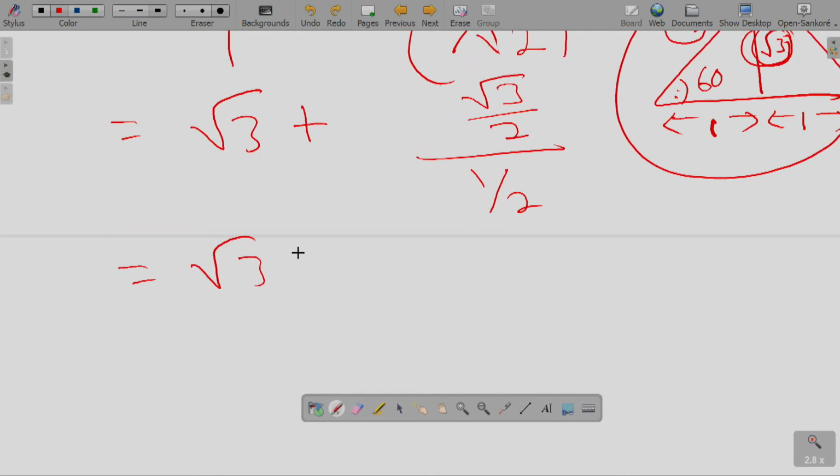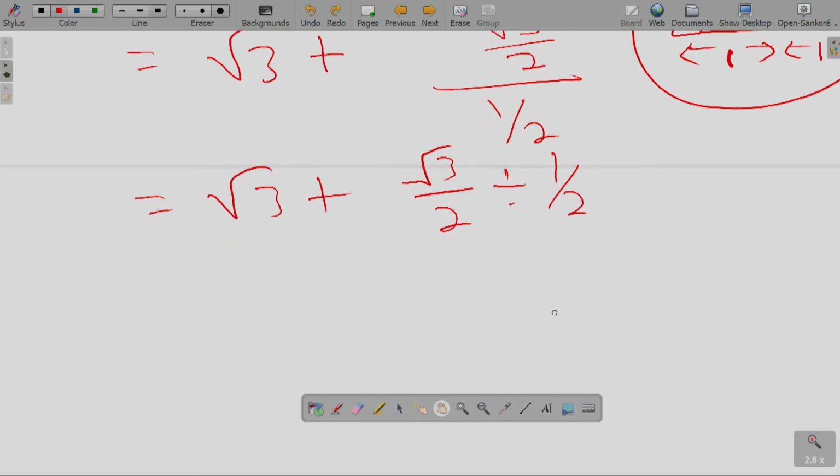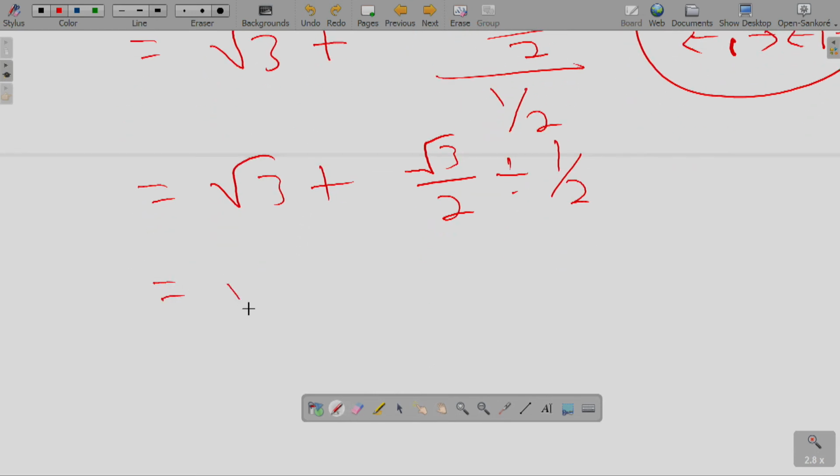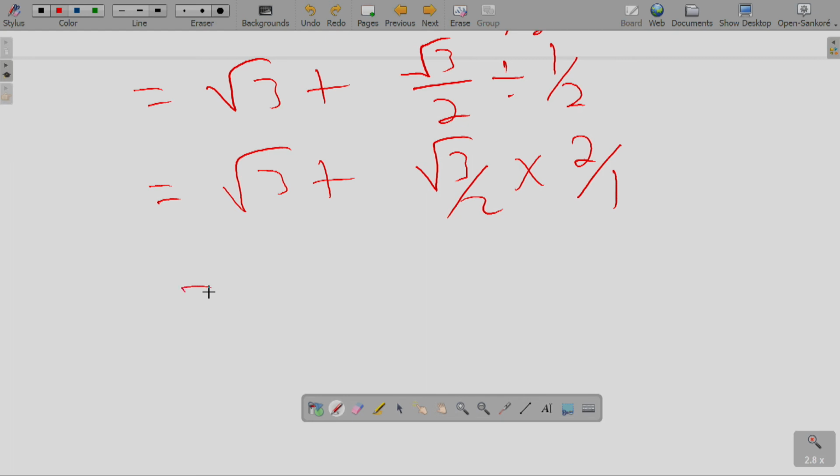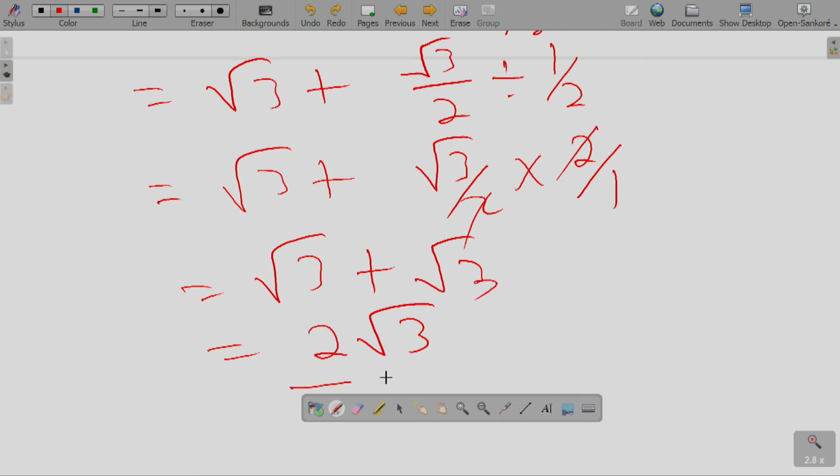Now, square root of 3 plus, here we have square root of 3 over 2 divided by 1 over 2. This is equal to square root of 3 plus square root of 3 over 2 times 2 over 1. So this is equal to square root of 3 plus square root of 3. And the answer is equal to 2 square root of 3.